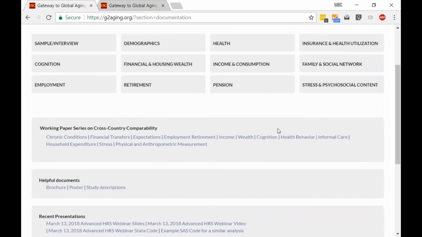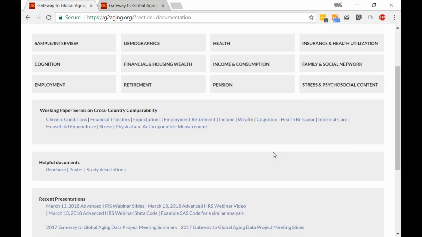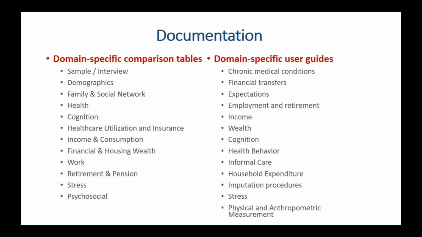As I mentioned, we also have working papers, and those are on cross-country comparability. And we have these for, I'll jump back to my slide here, several different research domains, including chronic medical conditions, all the way through physical and anthropometric measurements.